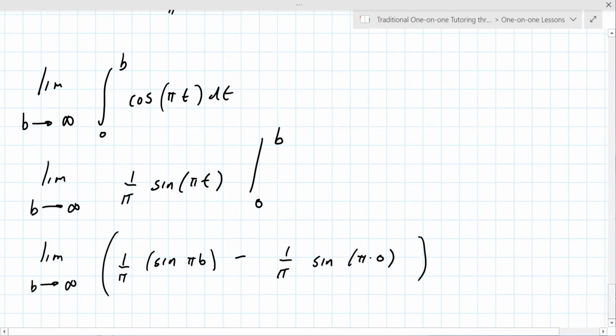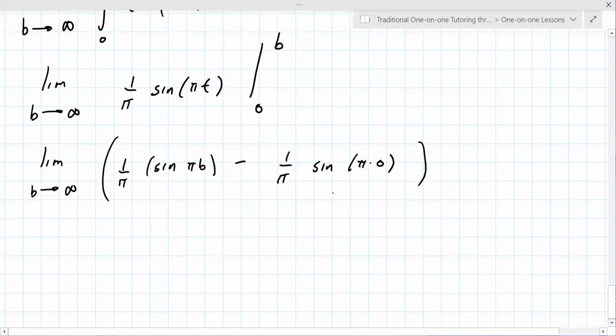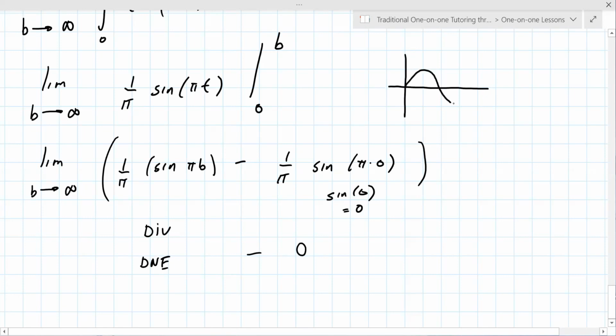Let's do the one that you know. What is the sine of 0? 0. So 1 over pi times 0 is 0. The limit as b approaches infinity of sine pi b diverges or does not exist, or whatever notation your instructor wants to use, because the graph of sine oscillates forever.